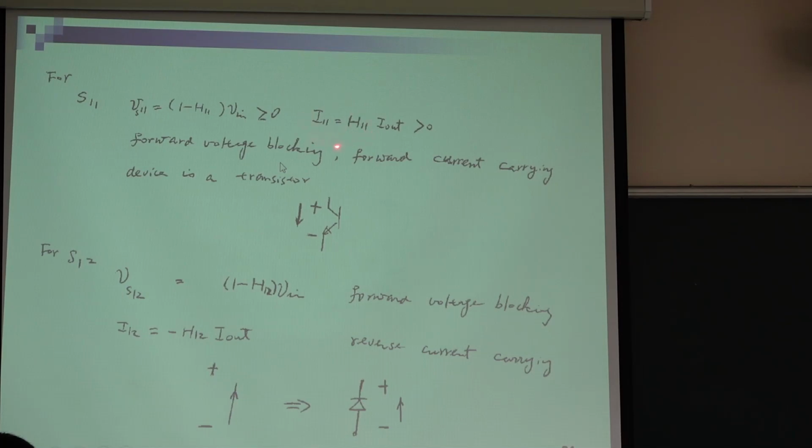How about current? Current S11, we have I11 current. It is equal to H11 I out. I out is always positive. H11 could be 1 or could be 0. If this is 1, then what happens? I11 is equal to I out. It is positive. If this is 0, then I11 is 0. So the current has two situations.